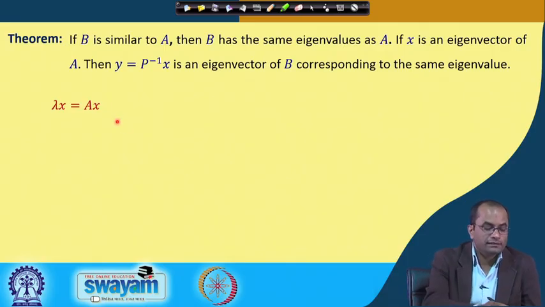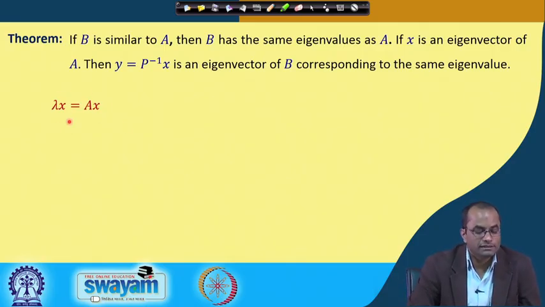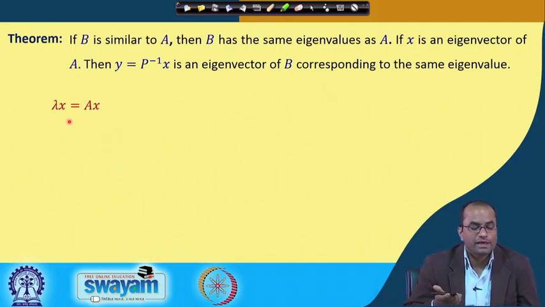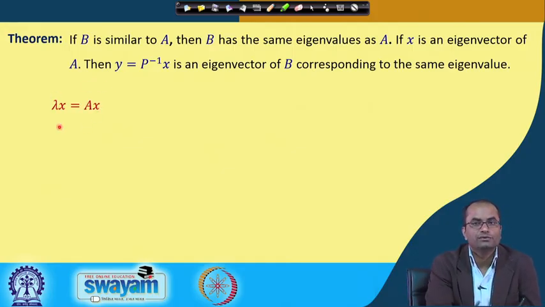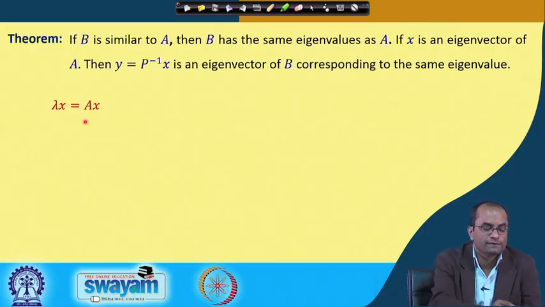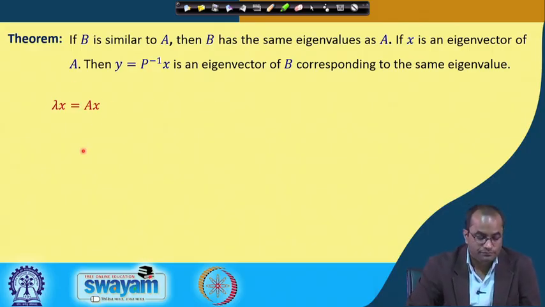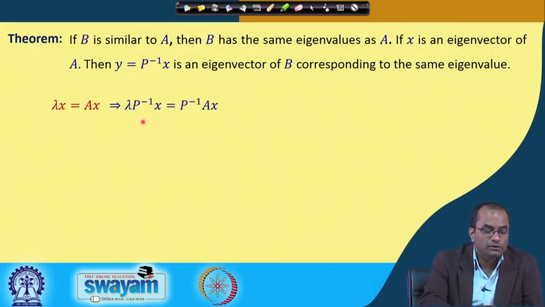So, let us say lambda is the eigenvalue of the matrix A, and similar to A we have the matrix B. First, we have for A that x is the eigenvector and lambda is the eigenvalue. So, we have the relation A x is equal to lambda x, and what we do now is multiply by P inverse.